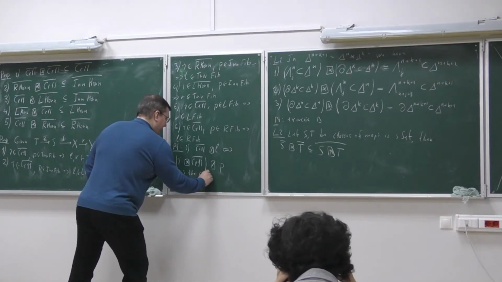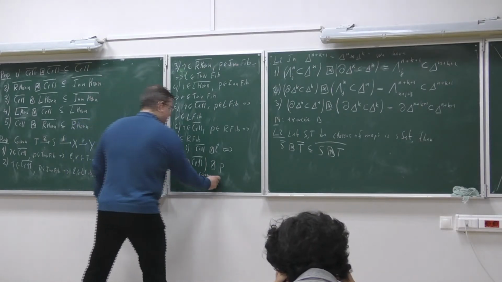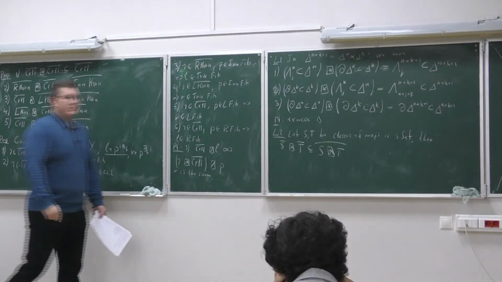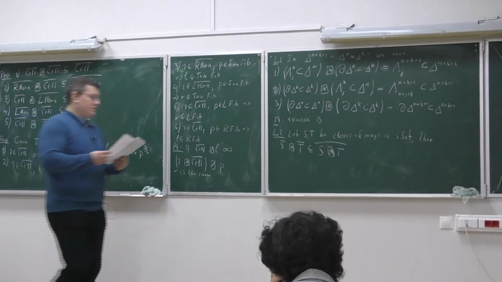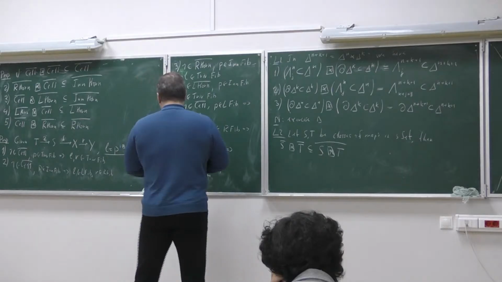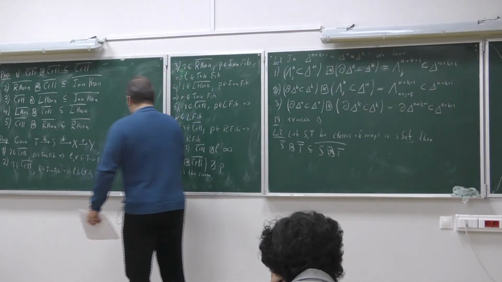So I suggest, if you have problems understanding this, and it's understandable when you see this for the first time, that you do 2, 3, up to 5 as exercises, and you'll see that all the proofs here are essentially just one line. You need to formulate the problem, take the adjoint problem, use one of the statements of the previous proposition, and everything follows. As an exercise, when you see this for the first time, I think this is a good exercise. I've done this when I prepared this lecture to be sure that all the statements are correct.